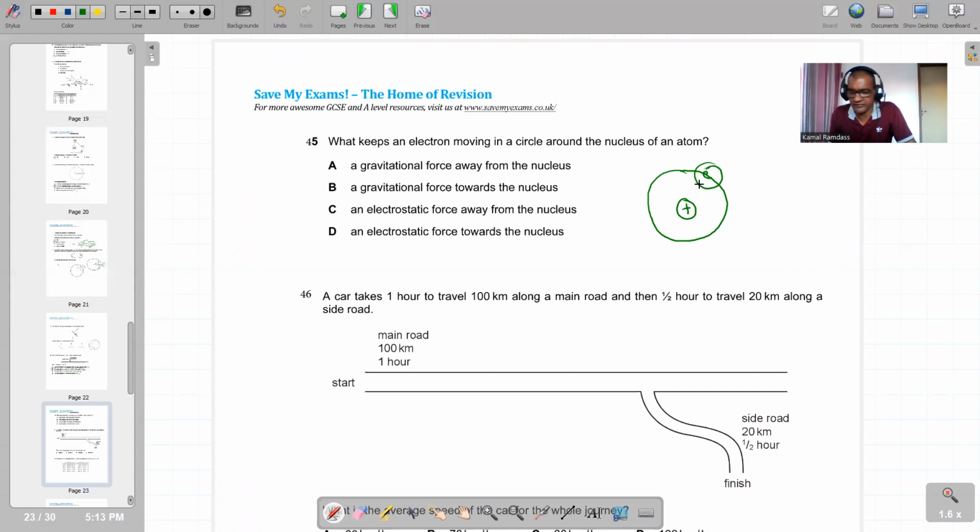Mais puisque the electron is so small, the gravitational force is negligible compared to the electrostatic force, et c'est the electrostatic force qui peut provide the centripetal force. An electrostatic force towards the nucleus.